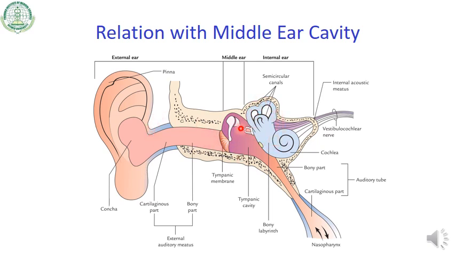So external ear, middle ear, internal ear, and you can see here the middle ear cavity is having opening of the auditory tube here, and this is the auditory tube, the bony part and the cartilaginous part, and you can see here is the nasopharynx wherein this auditory tube opens.